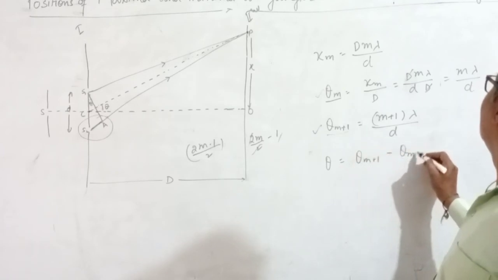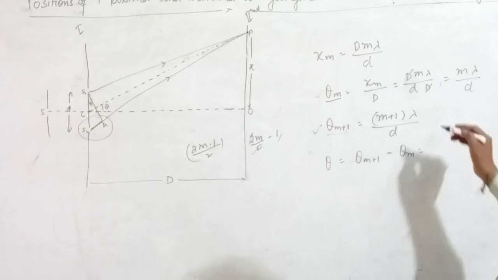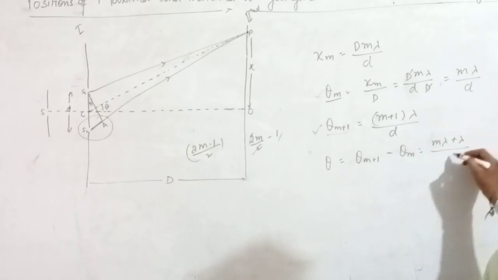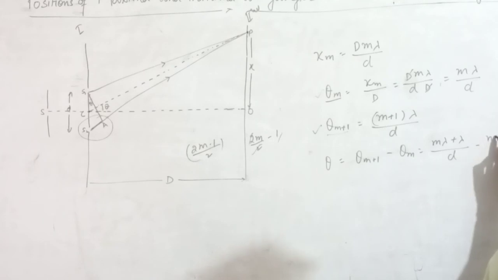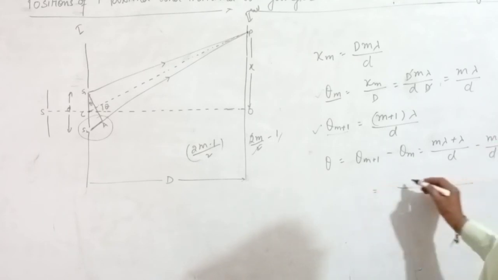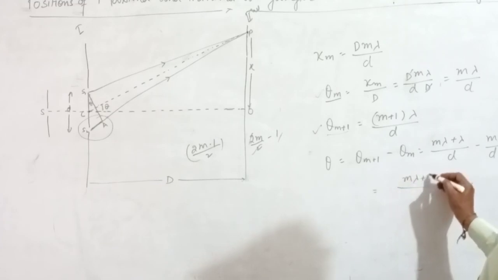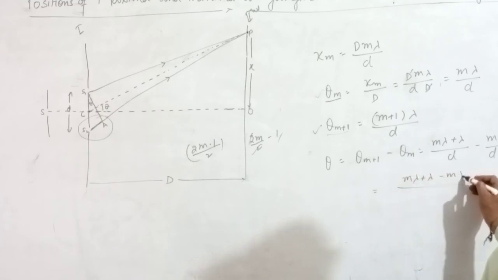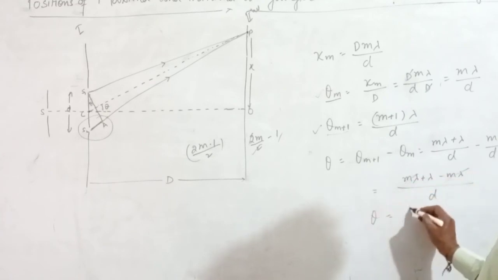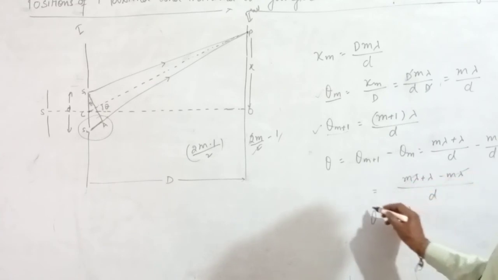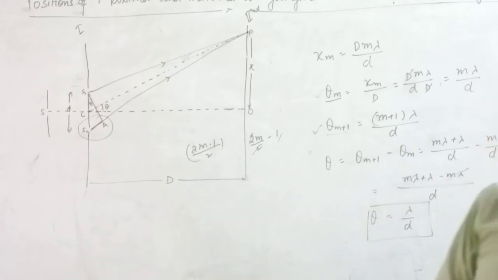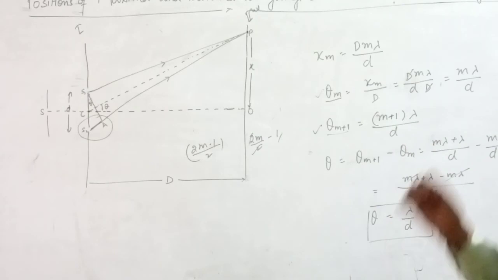Now you want to find theta, the angular fringe breadth. Subtract both of them: (m lambda plus lambda) minus m lambda upon d. Theta equals lambda upon small d. This is your angular fringe breadth. Again I want to repeat.